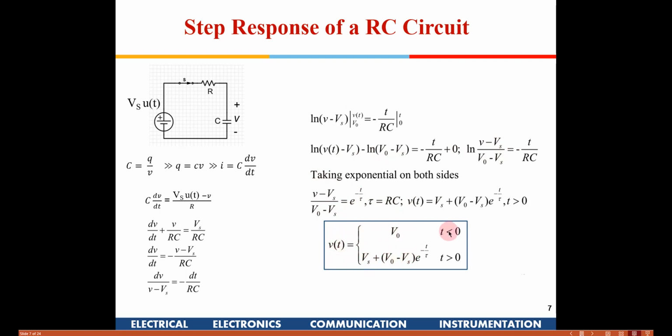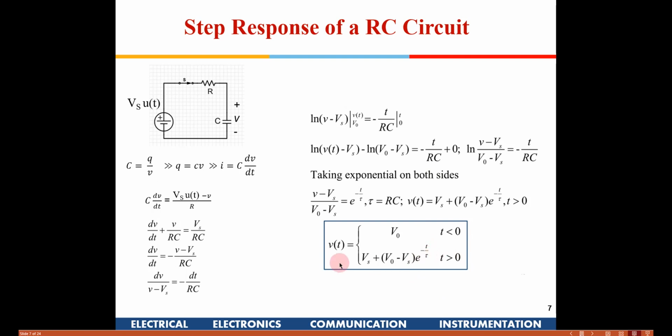Now here for t less than 0, this becomes V0, and that was the initial condition. For t less than 0, the voltage in the capacitor is V0. For t greater than 0, it is Vs plus (V0 minus Vs) e to the power of minus t by tau. Now what is tau here? It is RC, the same as what we studied in the last class.